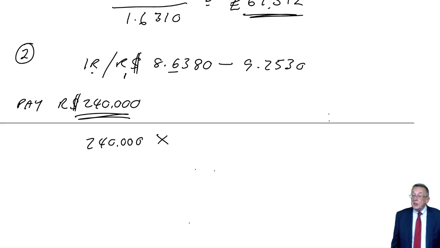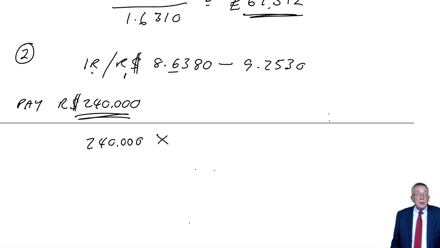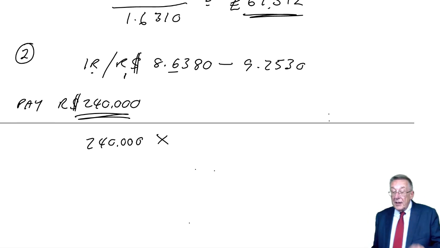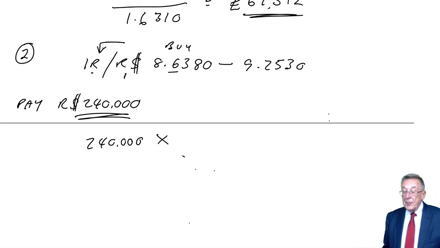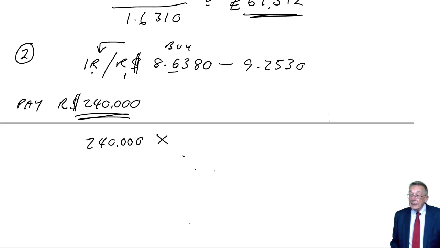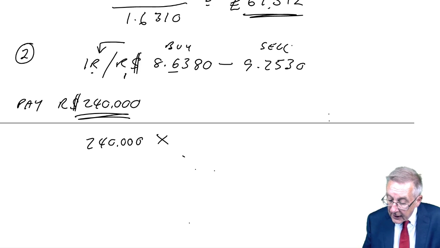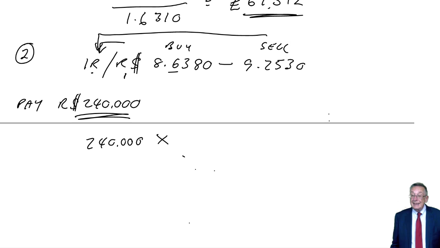Secondly, which of the two exchange rates are we going to use? Well, I'll check it two ways. Doesn't matter, I've said, how you remember in the exam. But I said that always, if you're buying the first currency, Indian rupees, you'll use the lower rate. If we, not the bank, if we are selling the first currency, Indian rupees, you'll use the higher rate. What are we doing here?